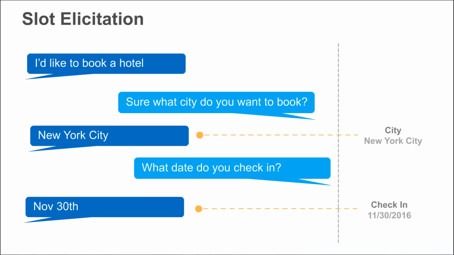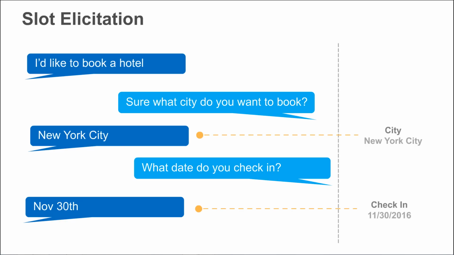So it uses prompts, and the prompts are, sure, what city do you want to book from? What date do you check in? Those would be the different prompts. And then it has a conversation with the user to collect the data, and once it's ready, you then move on to fulfillment. Lex provides built-in slot elicitation.